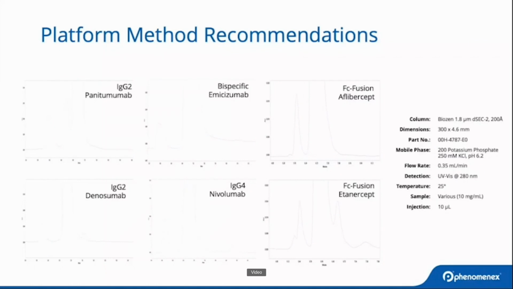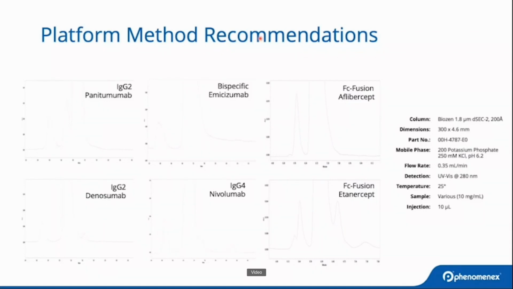When it comes to platform methods, the standard USP mobile phase is a good starting point. We went over this before. It's 200 millimolar phosphate, which is quite a lot, but with a hydrophilic phase, it shouldn't be too much of an issue. 250 millimolar potassium chloride is more than sufficient to minimize ionic interactions, especially if you're working with more basic proteins when running at pH 6.2.